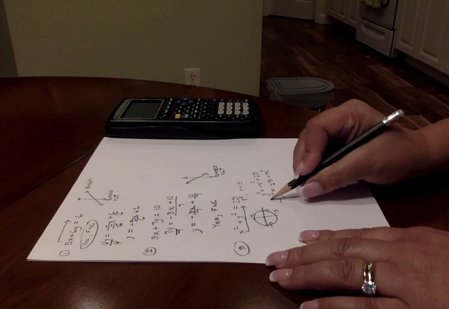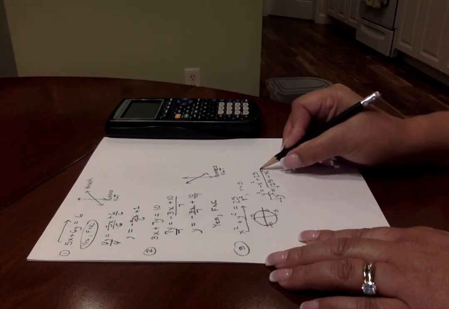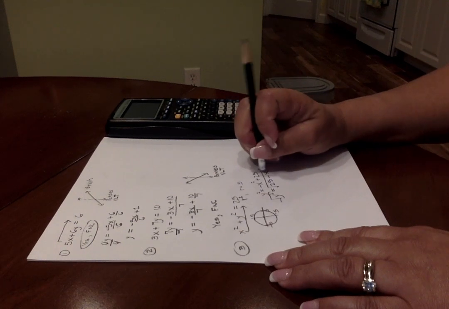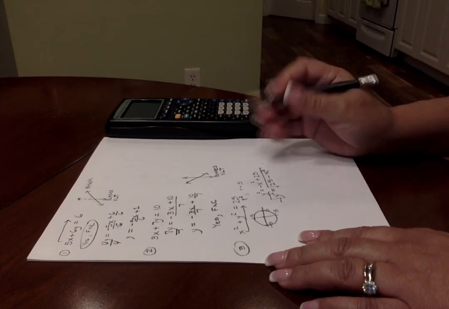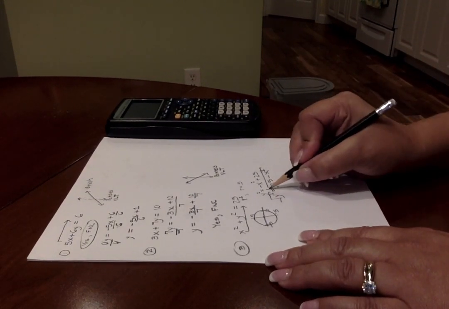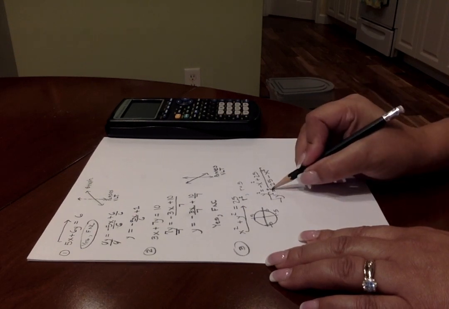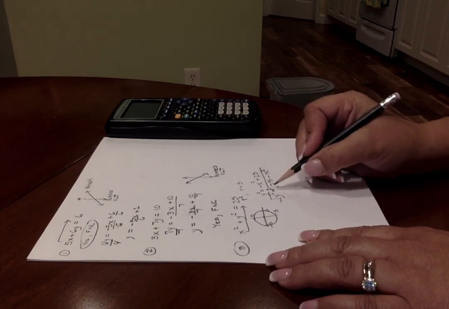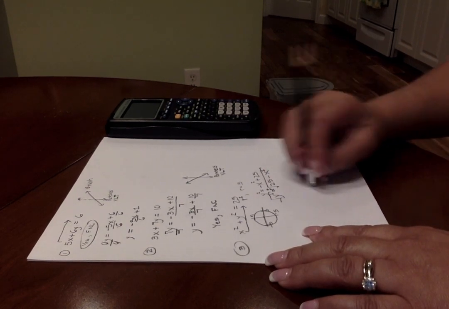Then you'd have to get rid of this square in order to put it into the calculator by taking the square root of both sides. And on the side where the expression is that creates the circle, you're going to have to report both the positive and the negative root. Otherwise, you're only going to get one portion of the circle and think that it's a function when it actually isn't.